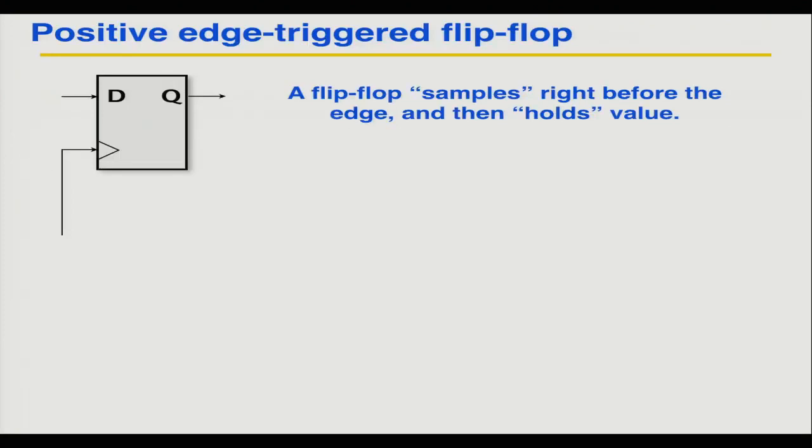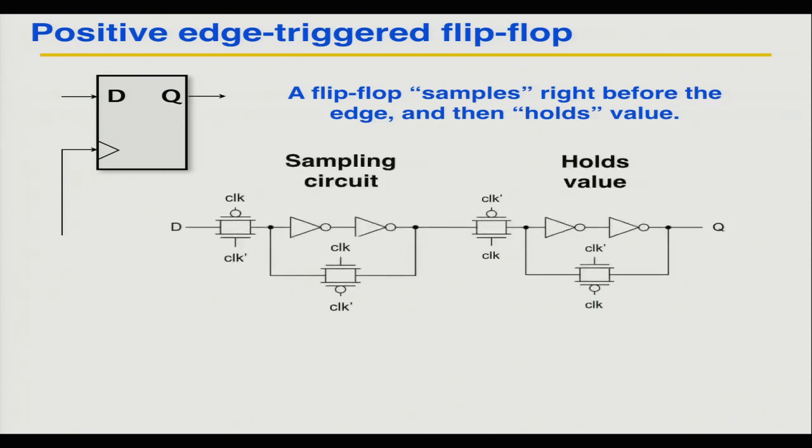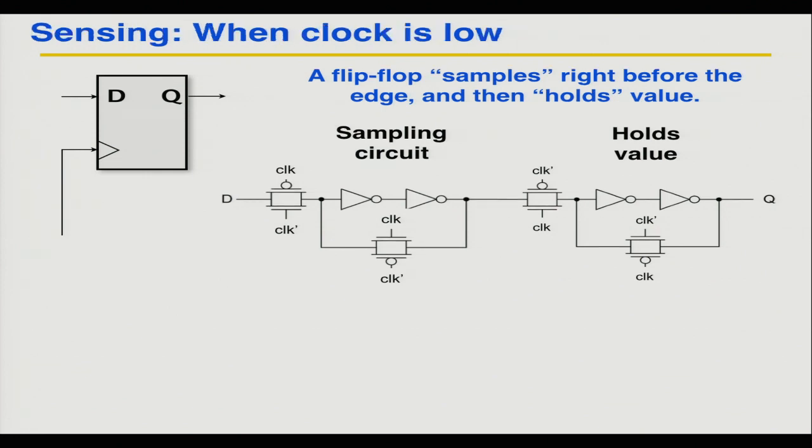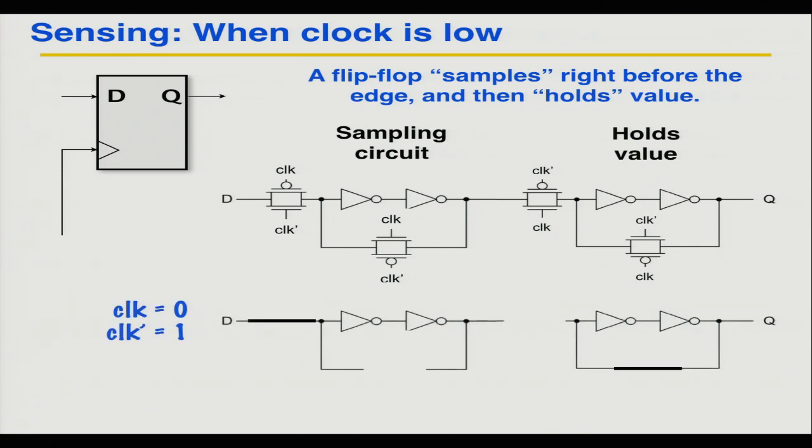Okay, so how do we use this to make a flip-flop? Well, we use 2 latches in series to make edge-triggered flip-flops. It kind of looks like this. There's a sampling circuit and a holding circuit. Or some people call this a master and slave. And the way this works is when the clock is low, we have this configuration.